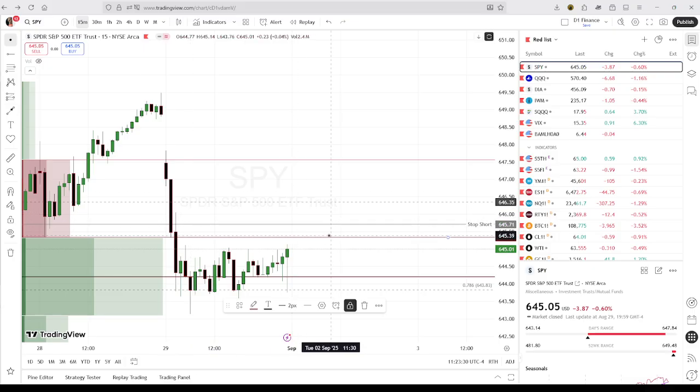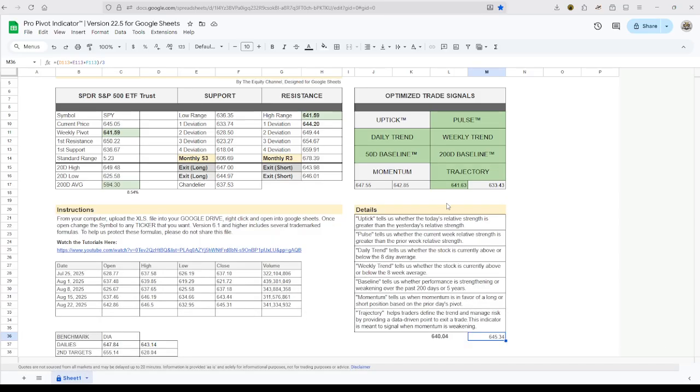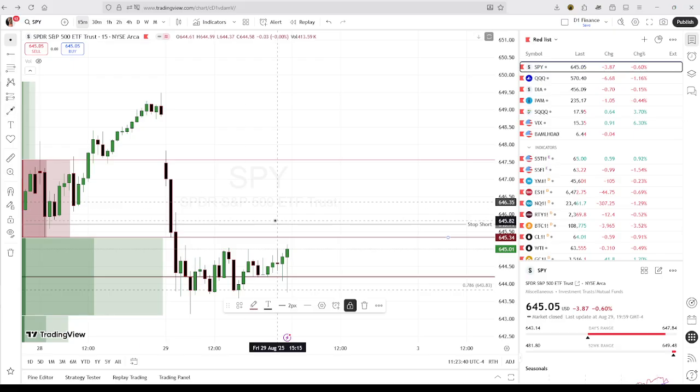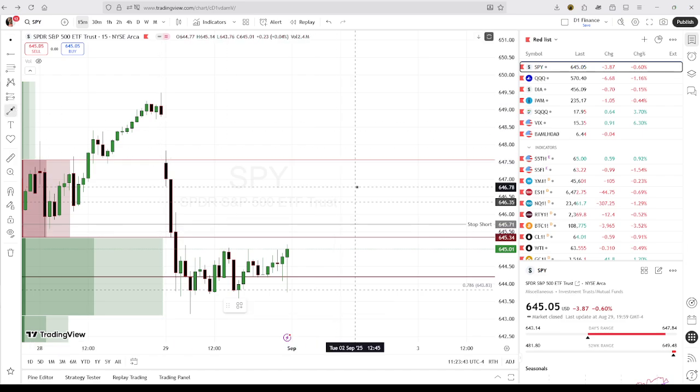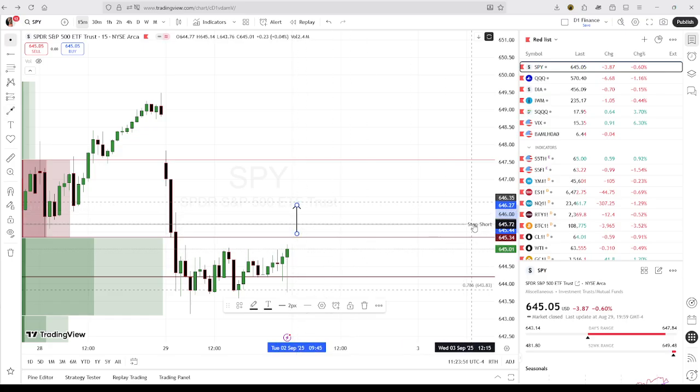So I'm going to say, okay, cool. Let's say the momentum clicked back to the upside. So the momentum clicked back to the upside. Let's say SPY opens above the weekly pivot and starts to take off. Well, then this becomes my stop long.